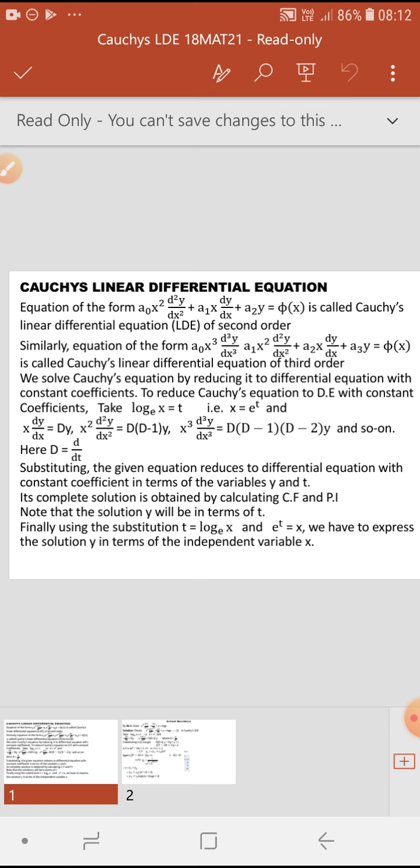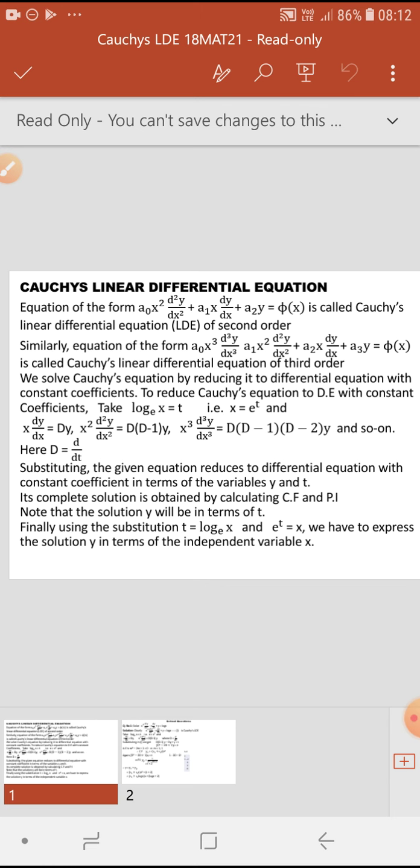Which means, in the term containing dy by dx, along with the dy by dx we must have the factor x. In the term containing d square y by dx square, along with d square y by dx square, we must have the factor x square.